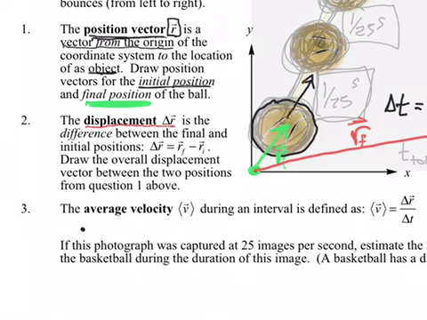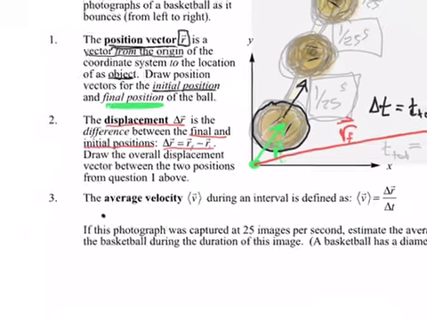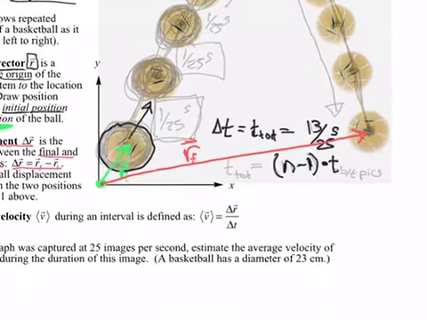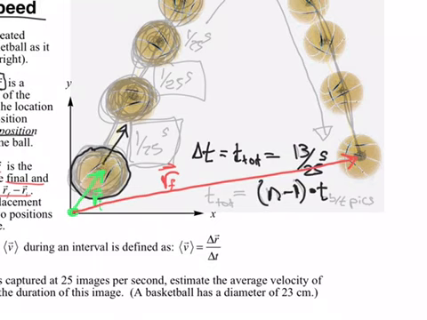That's the difference between the final and the initial positions, so it's our final minus our initial. We can just look at the two positions, and the displacement vector will just be an arrow that goes from the initial to the final. Let's do that in blue.